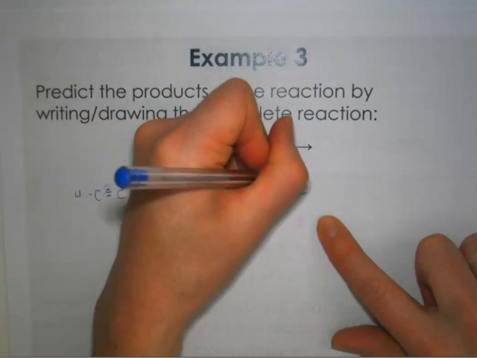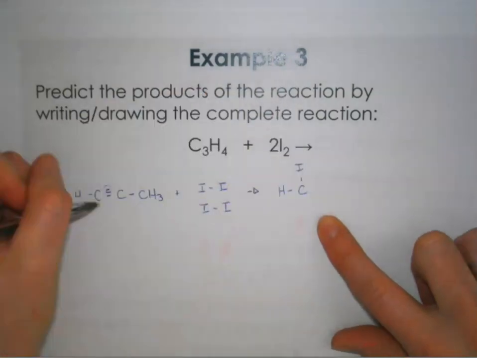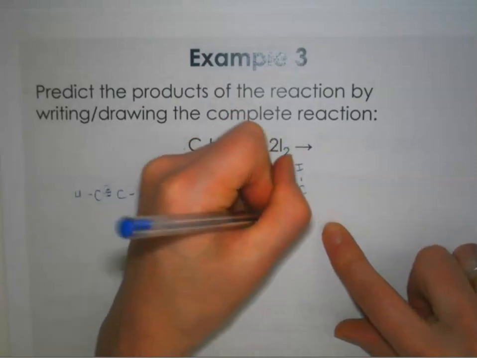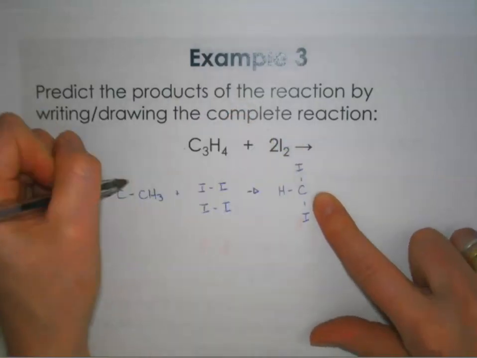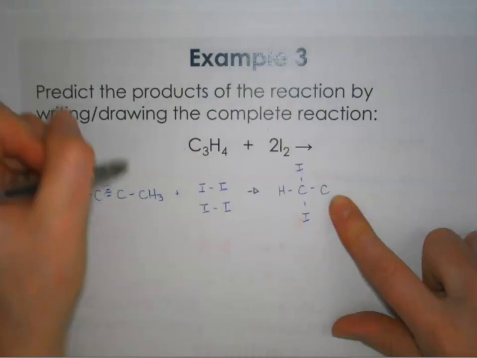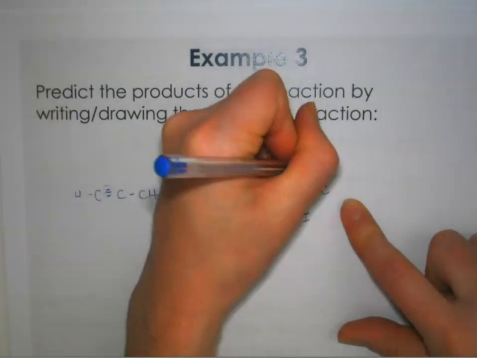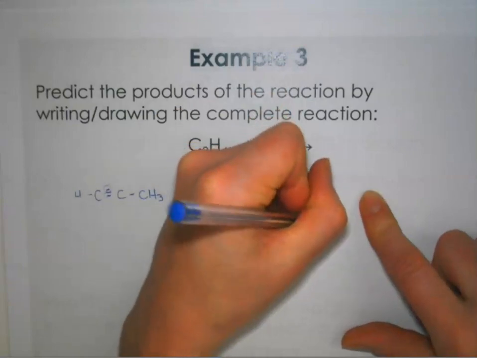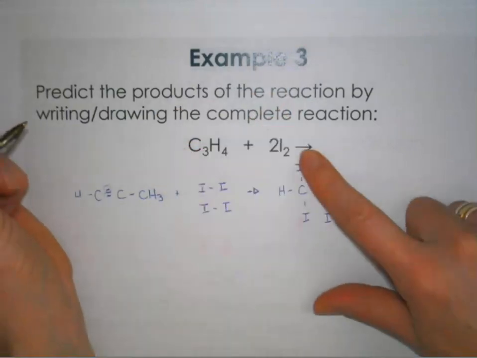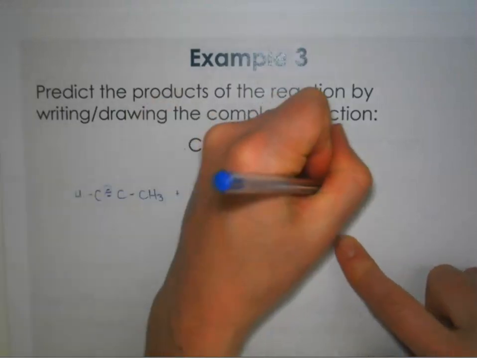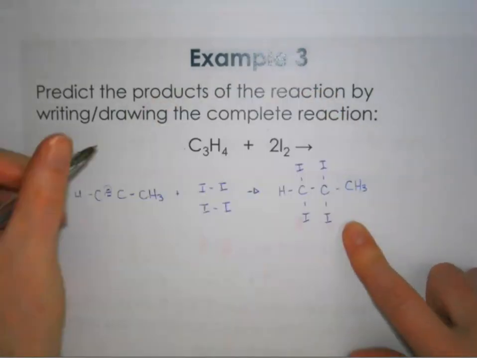The first bond is replaced with an iodine, and the second bond that gets broken is replaced with an iodine. And then it's bonded to the other carbon, still with the single bond, and that carbon can also accept 2 iodines. Okay, so now we have all 4 iodine atoms accounted for, and then we're still just going to have this methyl group on the end there, CH3.